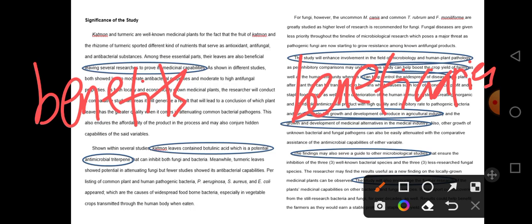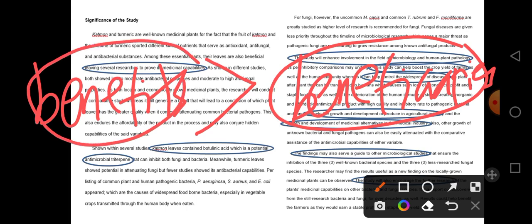So class, based on our encircled statements, we can infer that this organizational pattern in writing the significance of the study highlights the benefits and contributions the study can offer more instead of highlighting who could benefit from it. In other words, this format highlights the benefits more than the beneficiaries.